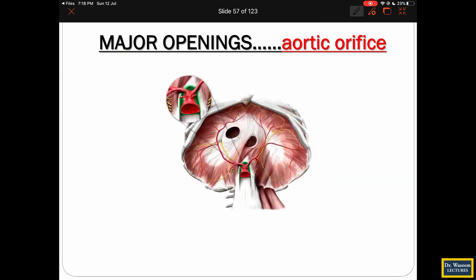If for example I am giving you a sagittal section, you have here the manubrium sterni anteriorly, the body of the sternum.